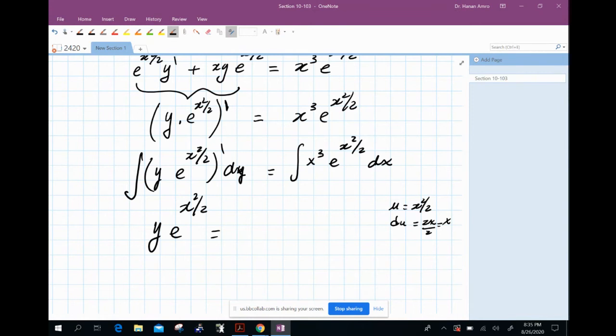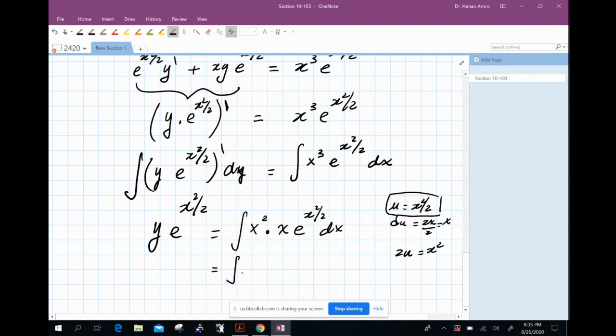So now we come back and say, okay, I can write this as x squared times x e to the x squared divided by 2 dx. Why did I write it as x squared? Look at this one over here: 2 times u will be equal to x squared. So this way we can replace it easily.